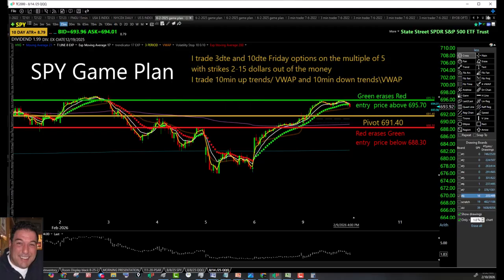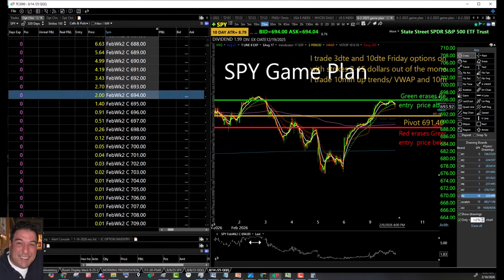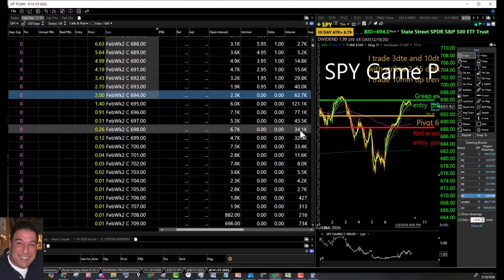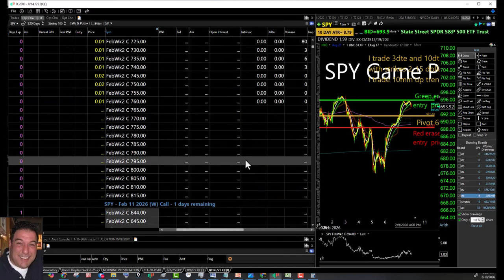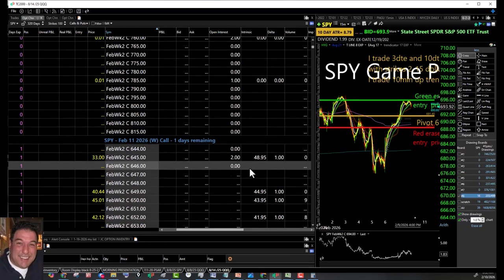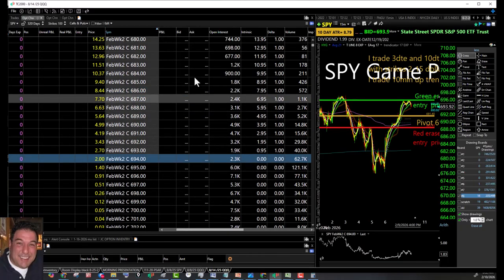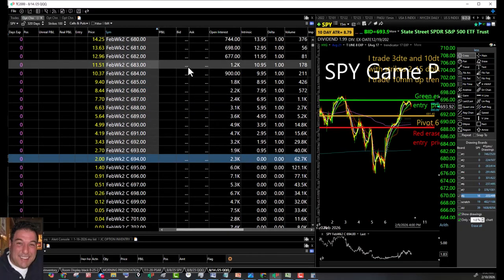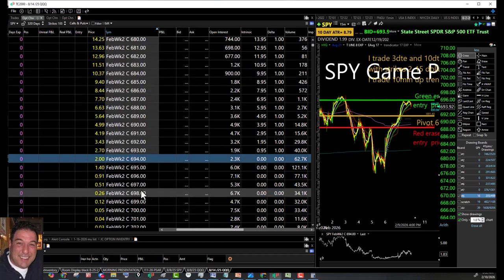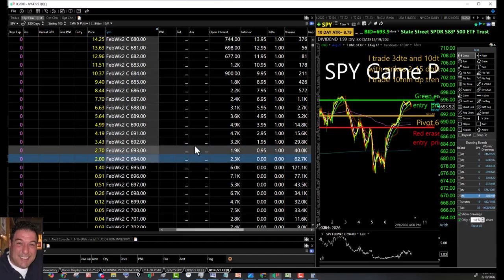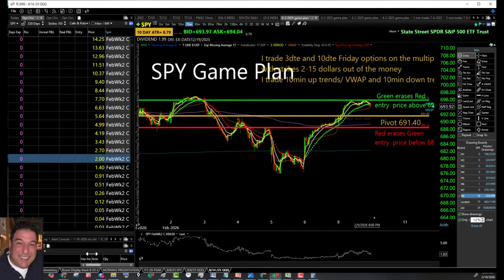If you come back here and we start looking at options one more time, I don't think the bid-ask is up there yet. You'll see as you get further in the money, the bid-ask gets wider and wider. When you're out of the money, the bid-ask seems to be very tight, close to 1 penny between the bid and the ask.